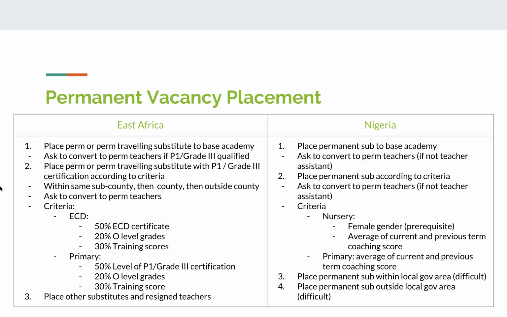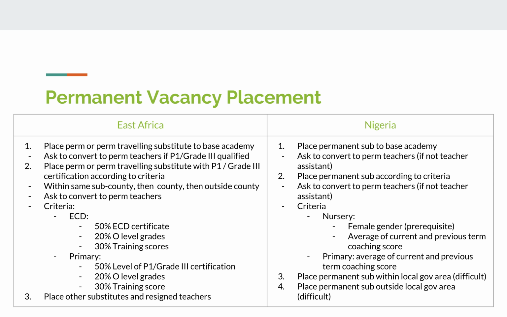The second logic is, if we can't place anyone in the base academy, then in East Africa we try to place substitutes who can be converted into a permanent teacher, which is substitutes who have a P1 or grade 3 certification. We also look at the distances, how far they are from the vacant class, and at their qualifications.